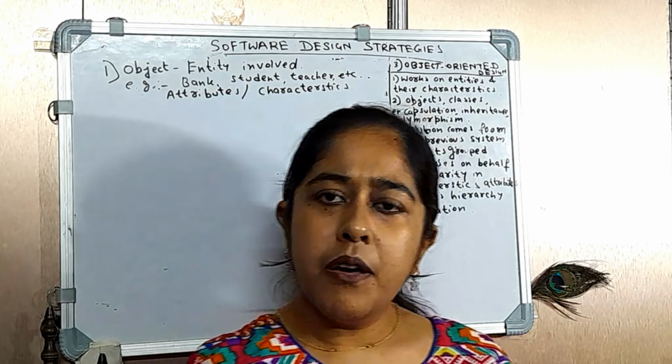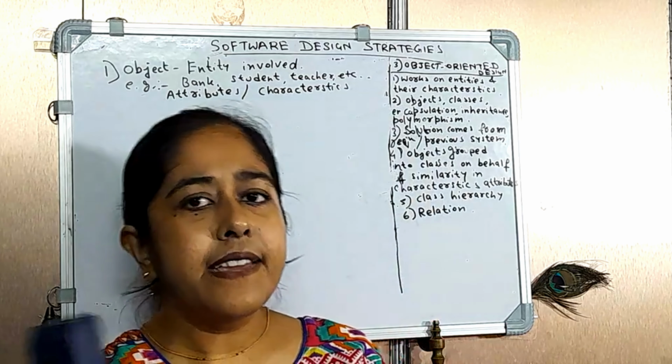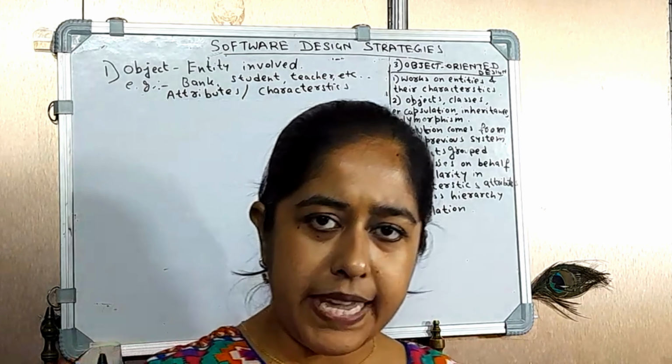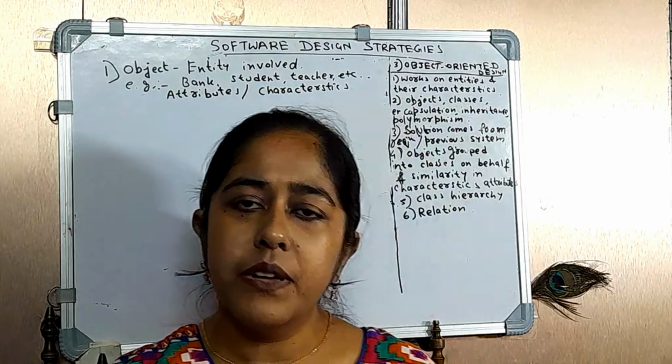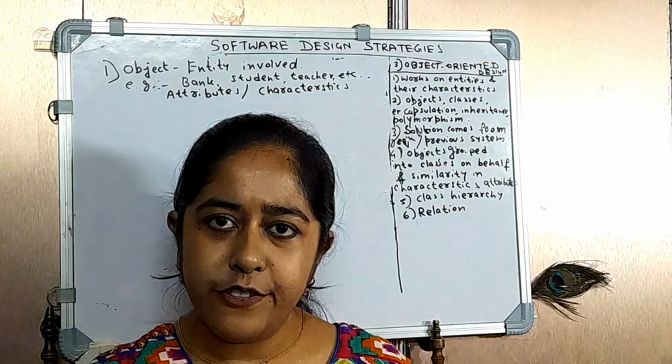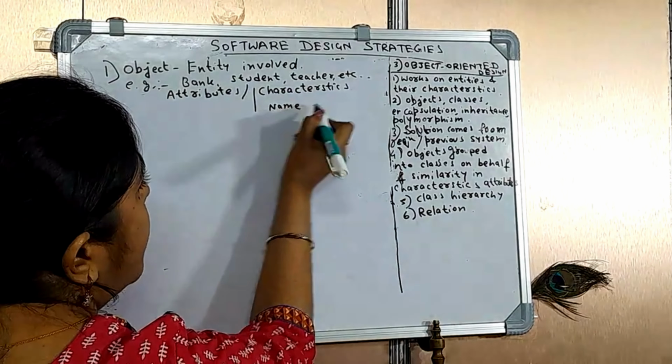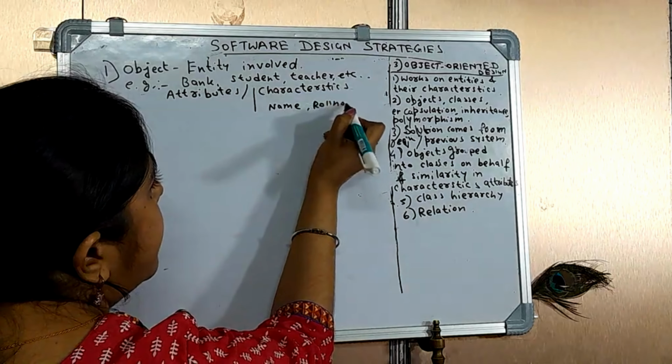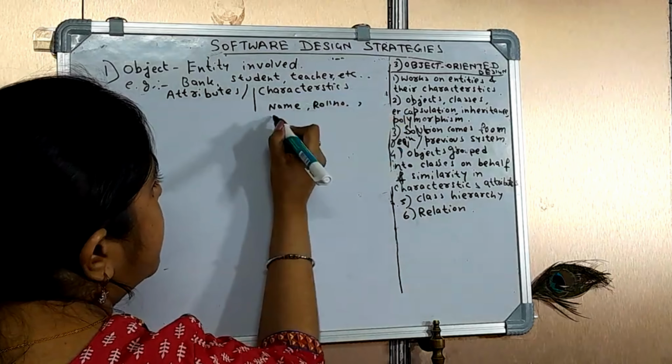If a particular student is there, they will have a name, roll number, registration number, address, phone number, date of birth, etc. So those things will be their attributes, that is student name, roll number, class and address, etc. These are our attributes, and we will work upon them in object oriented design.